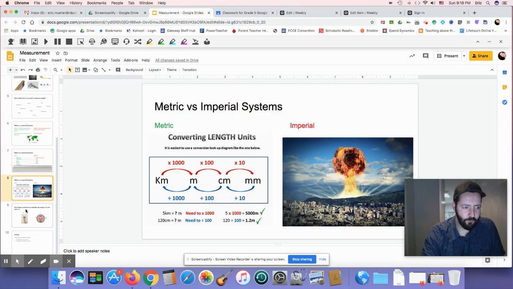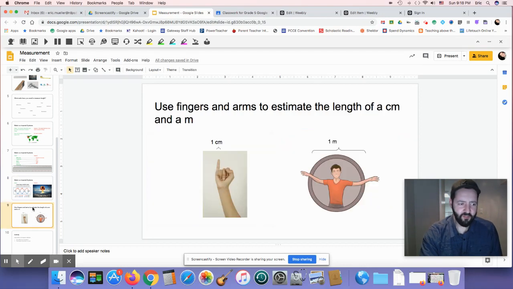All right. The last thing I want to talk about today before I give you your assignment is using body parts to estimate the length of things in centimeters and meters. And so your baby finger, your pinky here, is roughly 1 centimeter. And if you hold out your arms, 1 meter isn't from fingertip to fingertip.